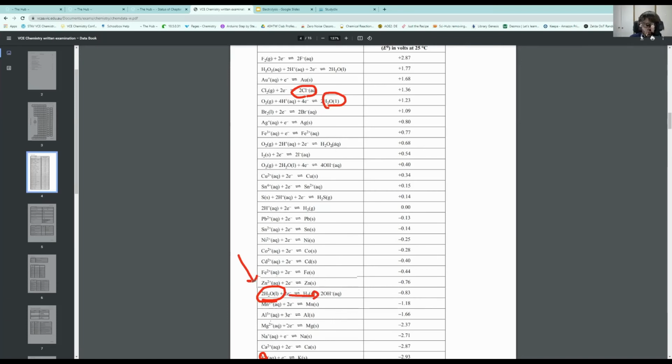Now, if we have chloride, then the water will be oxidized because the water is a stronger reductant.